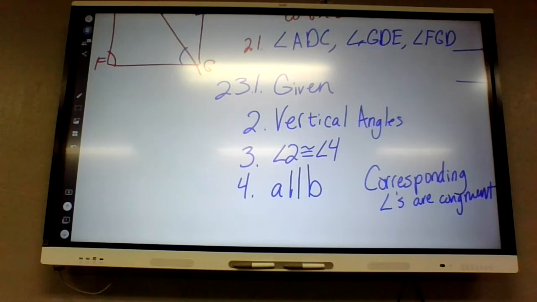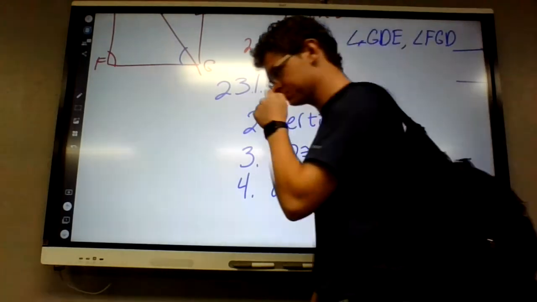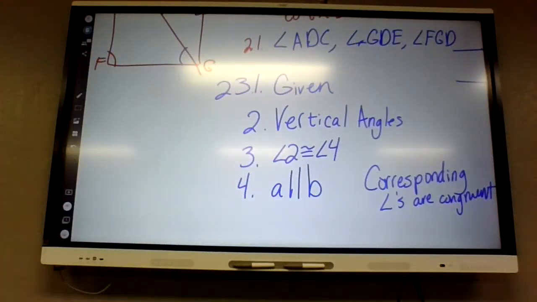Okay. Start. Well, how are angles 4 and 8 related? No. Just look at angles 4 and 8. They are what to each other? Yes. Okay, what should be true about corresponding angles?